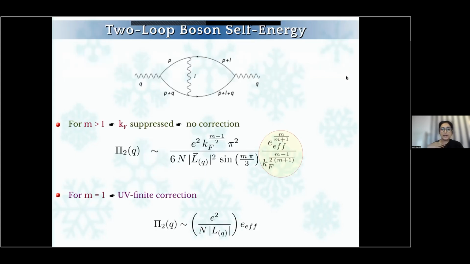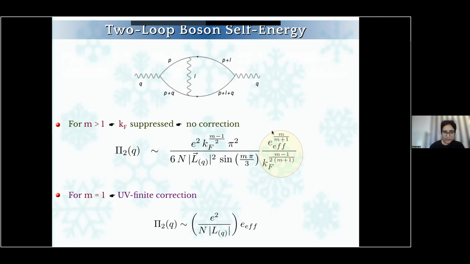Okay, and then we also computed the higher loop self-energies for both the fermion and the boson. Let us first look at the two-loop bosonic self-energy. We found that for the m greater than 1 case, the answer is Kf suppressed. That means when we take Kf going to infinity, the correction goes to 0.